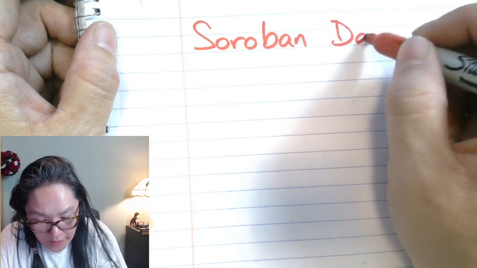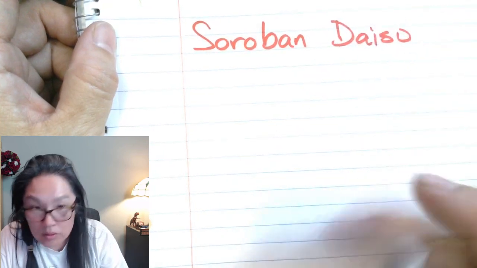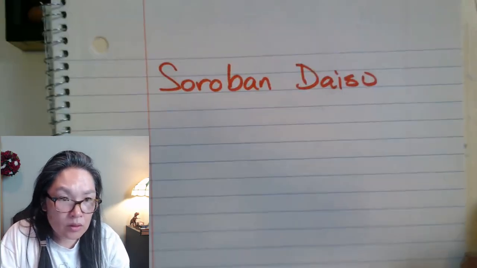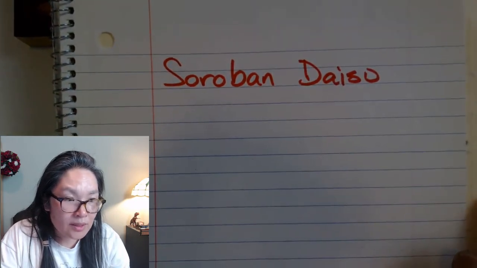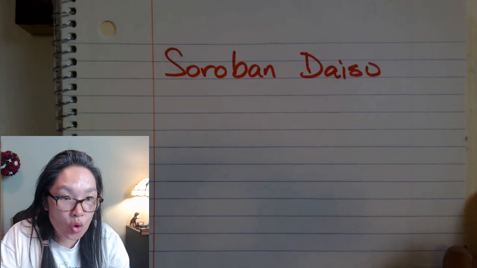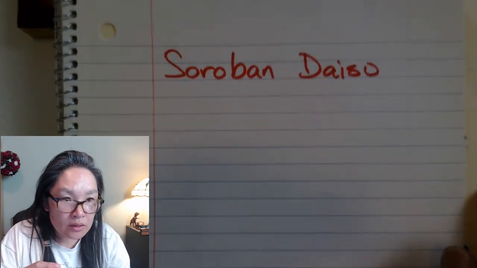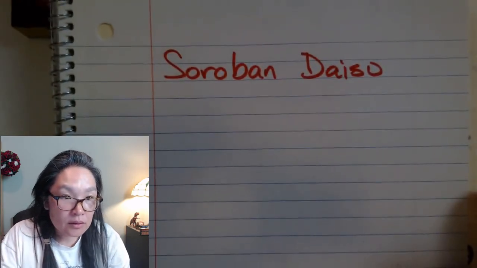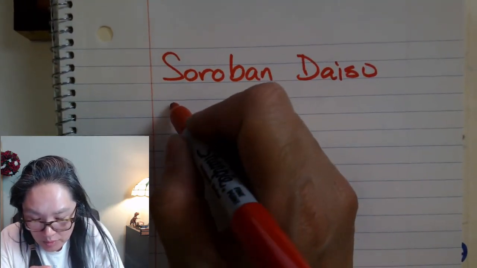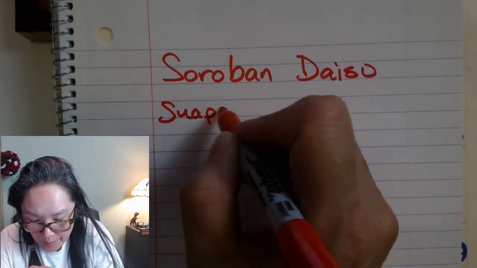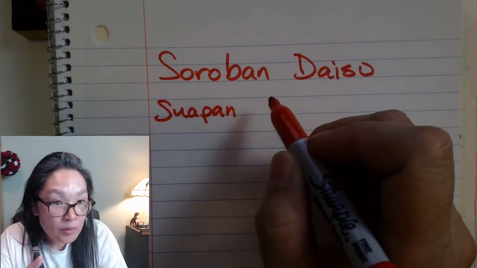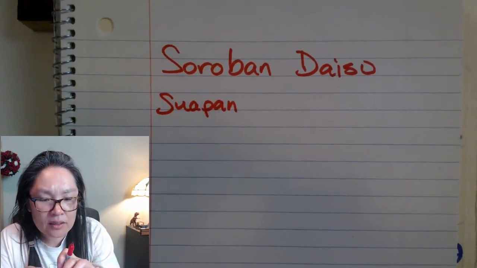Or you can try to find it at Daiso. Then the Chinese one is called a Suanpan, but I don't know where you can find it.